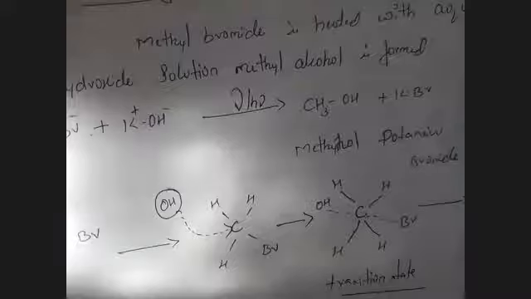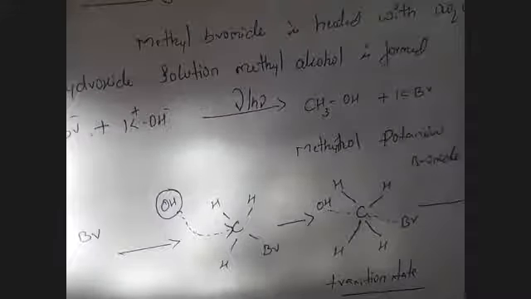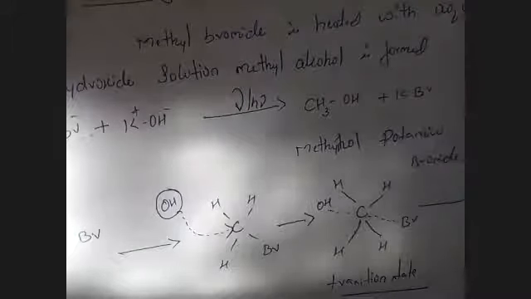But according to your statement, bromine and the hydroxy group are both considered electronegative components. Then why, when hydroxide came, does bromine leave its place?